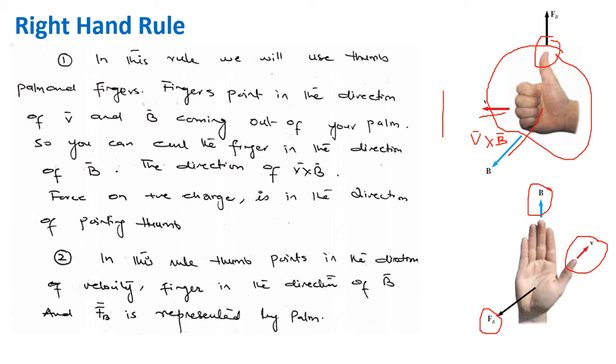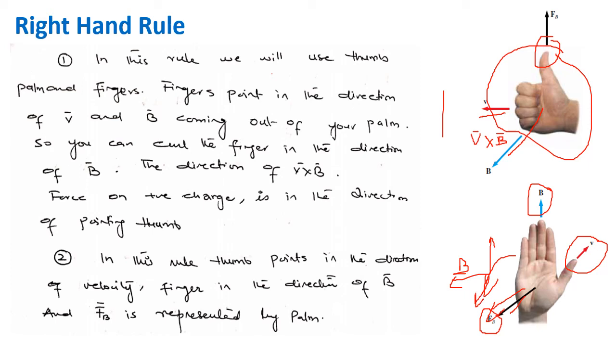So if I move my palm in this direction, that is coming out of the plane, and then the fingers will point in the direction of B, and thumb in the direction of V. So if you move your palm, suppose in this direction, then the force stays in this direction, but B now at this point goes in this direction, and V goes in this direction, and your B is, again, coming out of the plane.